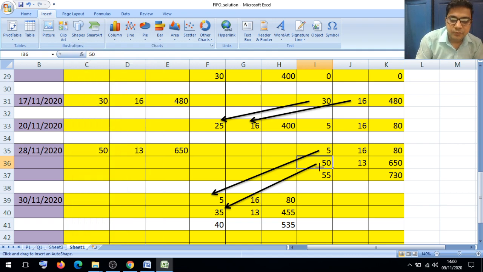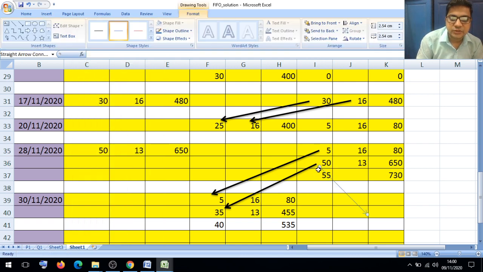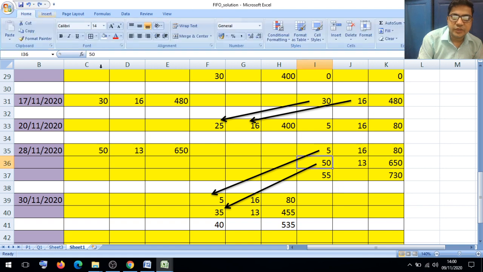Now rest of the units are 50 minus 35. 50 minus 35, that is 15. Their rate is 13, so we have to consider 13, and their value is 15 into 13 is equal to 195.